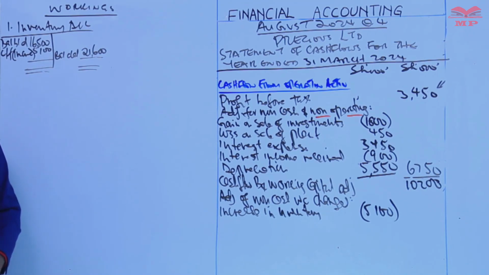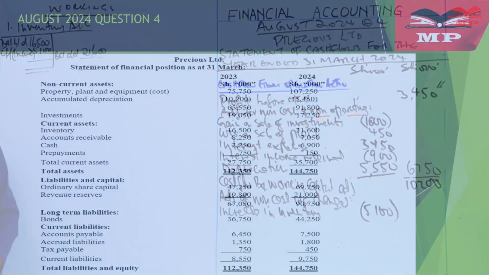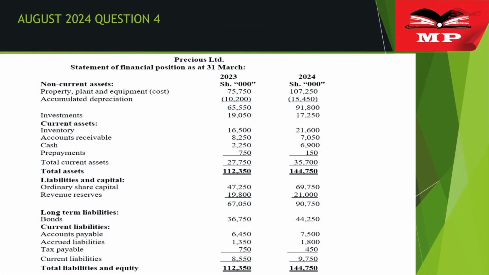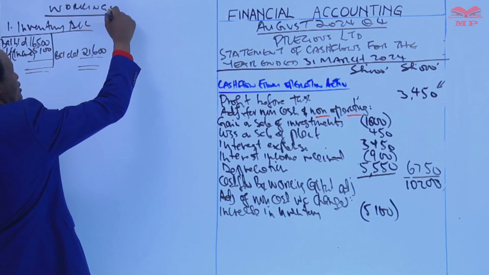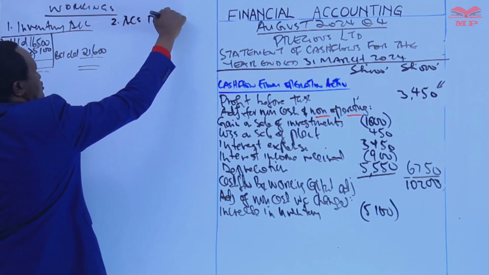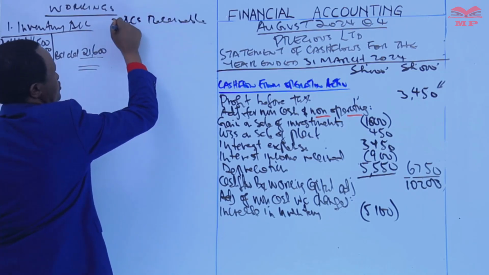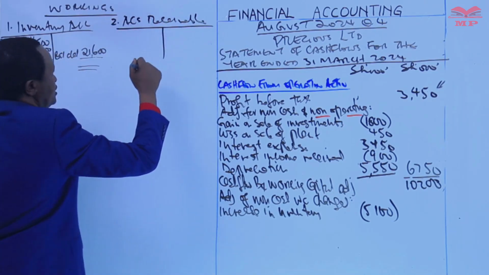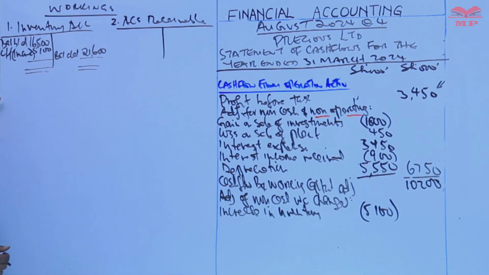Let's analyze the second working capital item in the balance sheet. What is the second item in the statement of financial position? The second item there is accounts receivable. So we open another working, accounts receivable, and then we have the balances.